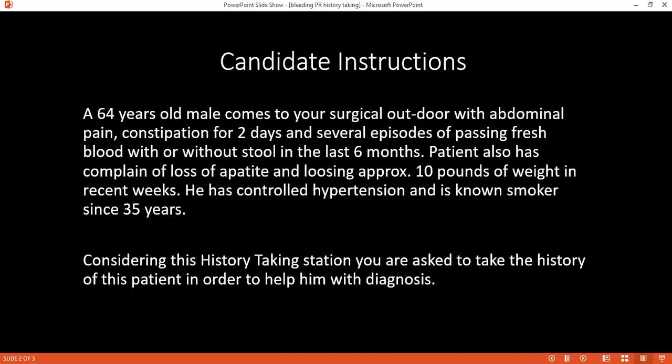So if you have read and understood, considering which history taking station, can we begin?